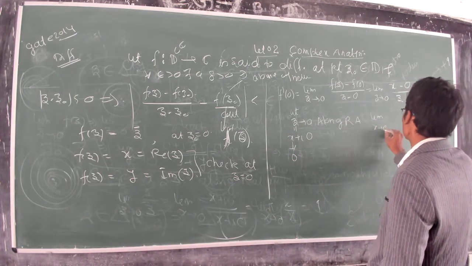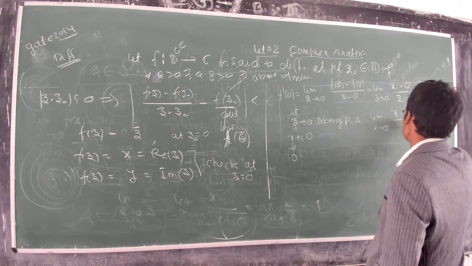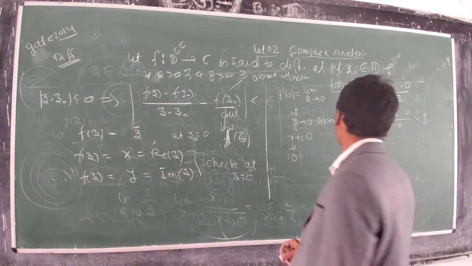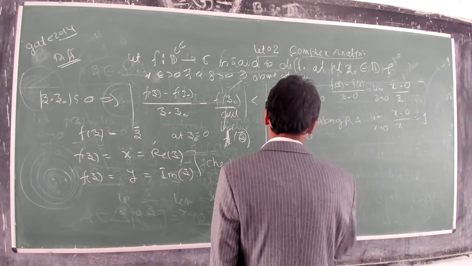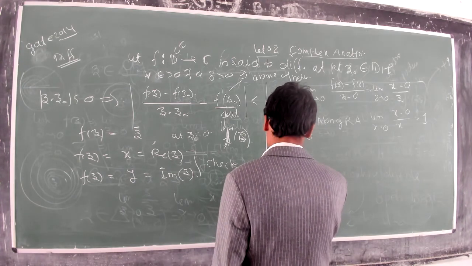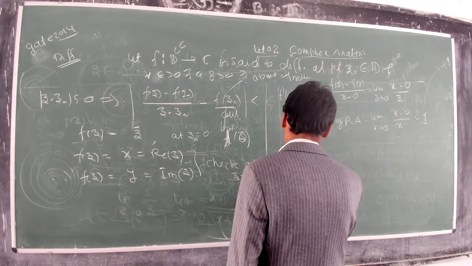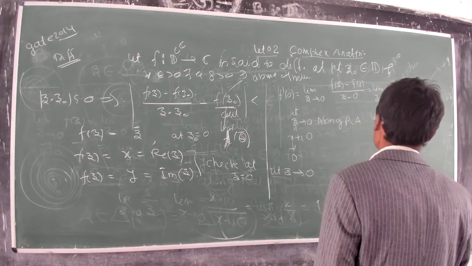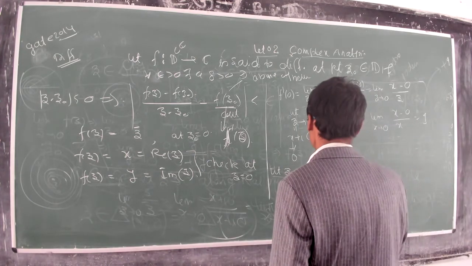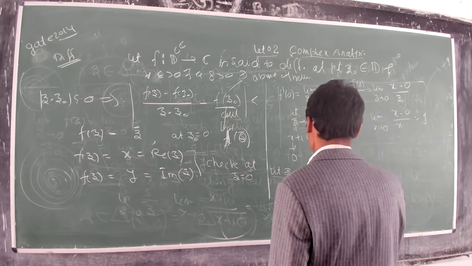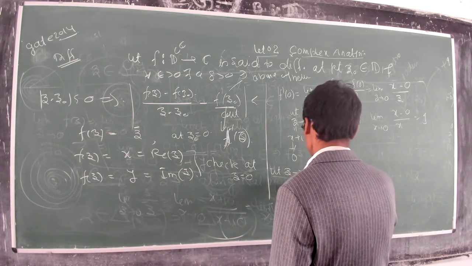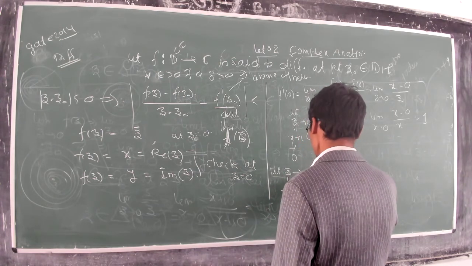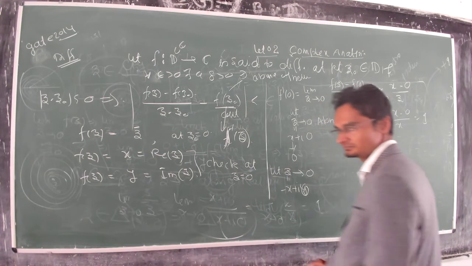So x tending to 0, x minus 0 over x, this is 1. And then next, let z tend to 0 along the negative real axis. Okay, so z will be minus x plus i0.